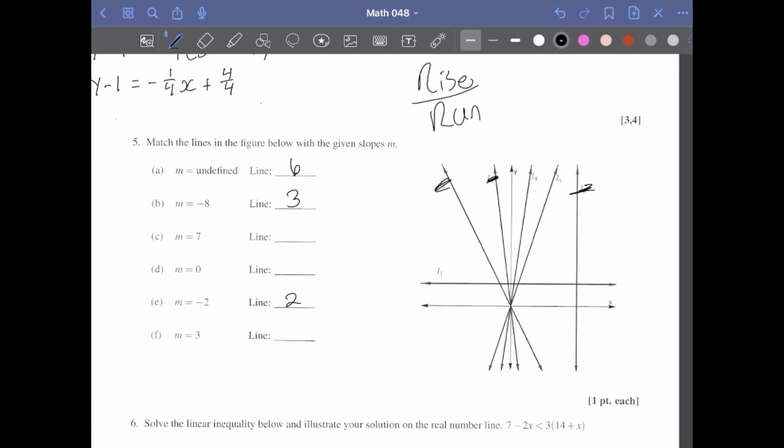So which slope is going up faster? 7 would be rising up faster, so that would be line 5, because you see this going up faster than line 4. So m equals 7 is line 5 and m equals 3 is line 4. And for horizontal, all lines with a slope of 0 are horizontal, so this is just line 1.